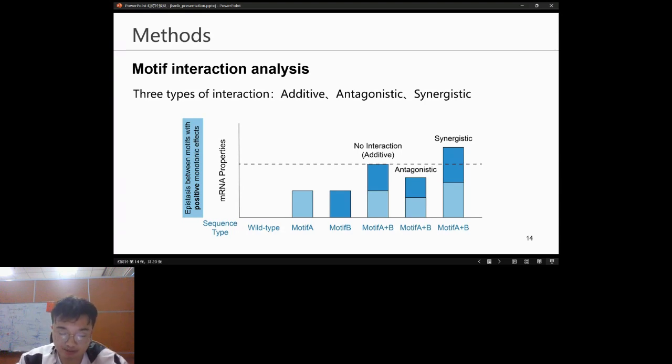Synergistic interaction represents that the combined contribution of two motifs when they exist together is greater than the sum of their individual contributions when they exist alone. Antagonistic interaction represents that the combined contribution of two motifs when they exist together is lower than the sum of the individual contributions when they exist alone.